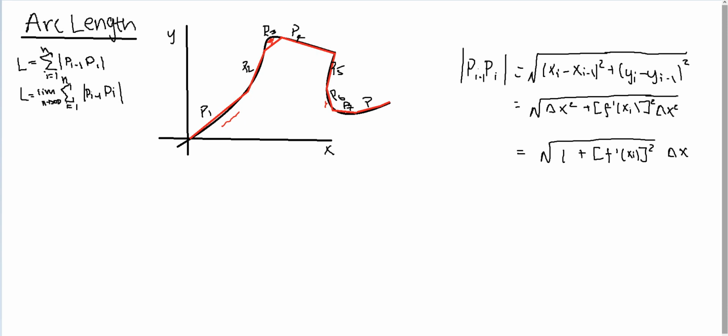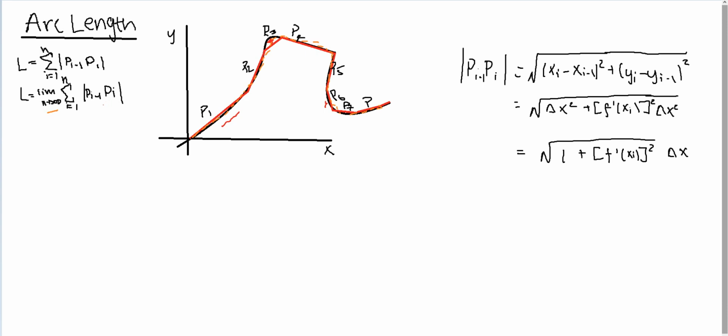But if we were to get these lines so small, for example, if we were to trace it ever so small across every single point of this curve, we would have a pretty accurate arc length. And that's essentially what this limit as n goes to infinity does.